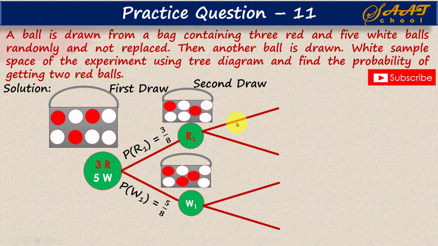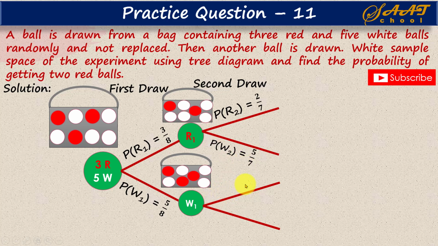Now we go for probability of red in the second draw. This is probability of red in a second draw. Now red, there are 2 red balls, that's why this is 2, and all together there are 7 balls, that's why this is 7. Now this is for probability of white in the second draw. So probability of white in the second draw, we have 5 white balls, so 5, all together 7.